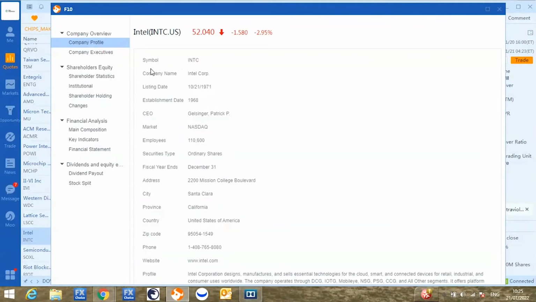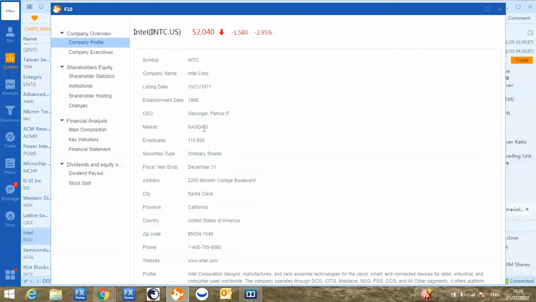You can see symbol INTC. This is the price. Company name Intel Corp. Listing date 10/21/1971. Wow, Intel. We all know, Intel Inside, when the first computer we were using, during the Microsoft days and all that. The CEO just took over, I think last year or so.